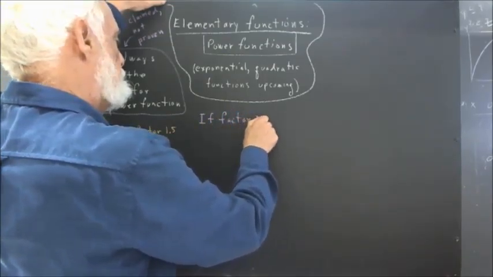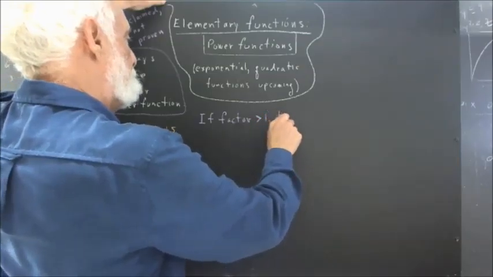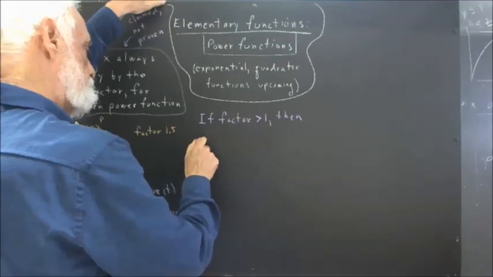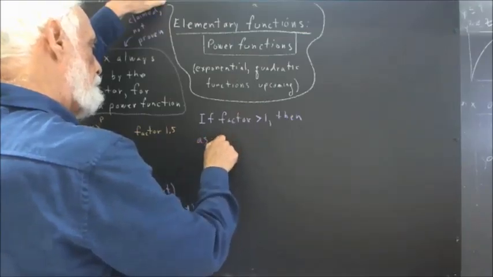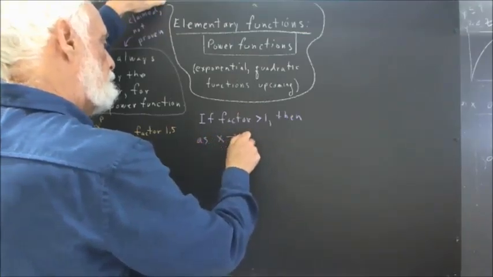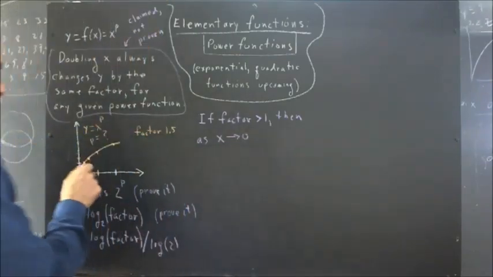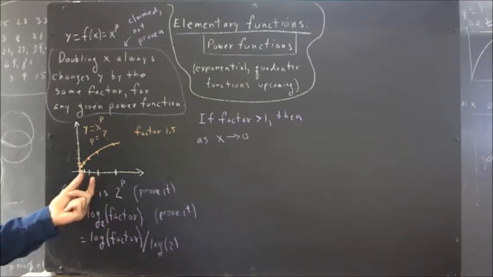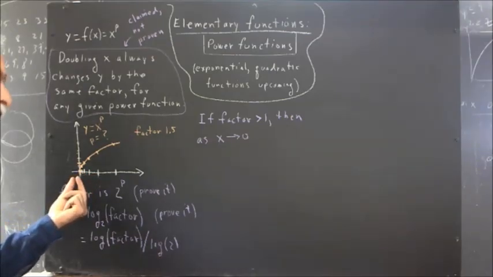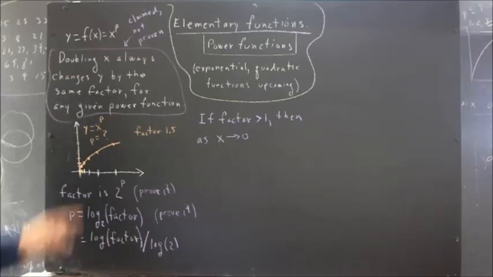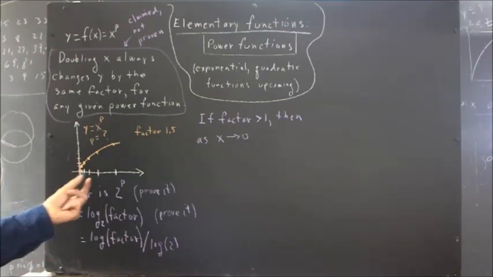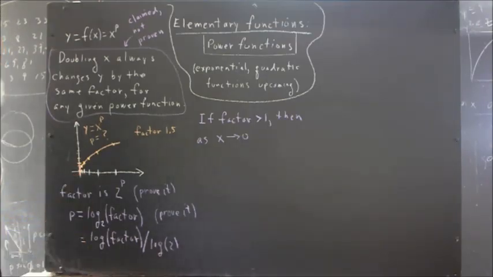If your factor is bigger than 1, then as x approaches 0, this means x gets closer and closer to 0 with no restriction on how close. For example, if you keep moving halfway toward 0 along the x-axis, halfway toward the origin, there's no limit to how close you're going to get.